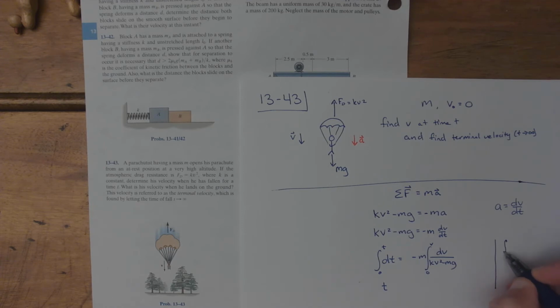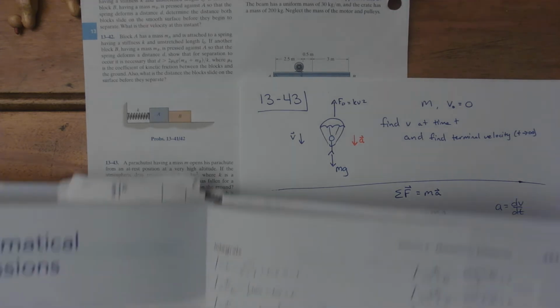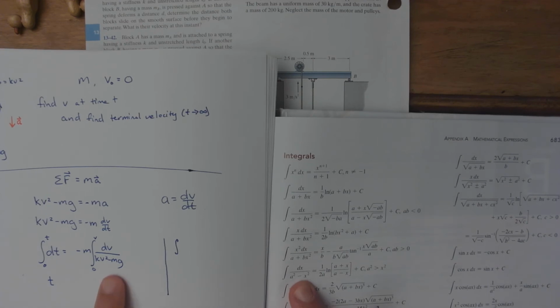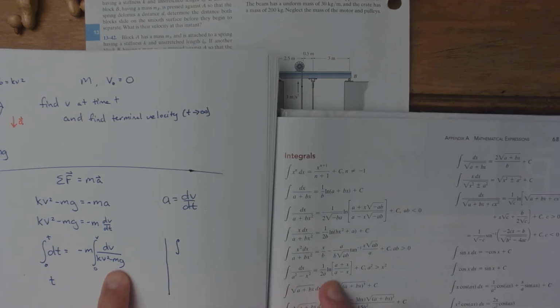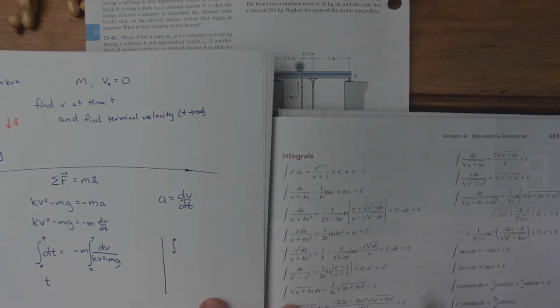However, I know from maybe the table of integrals in the back of the textbook. Let's check this out. Yes, in Appendix A, I have the integral of dx over a squared minus x squared is equal to this. So this is what I want to use to do the integration.